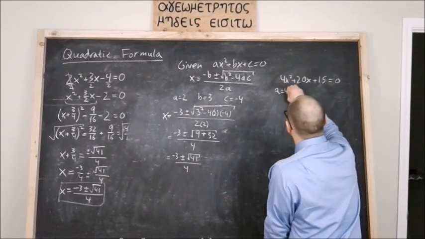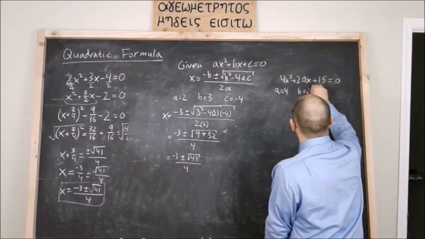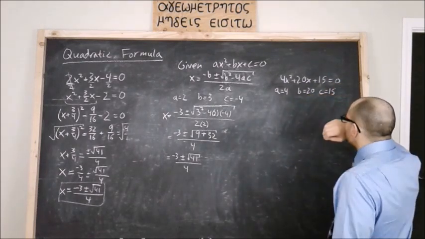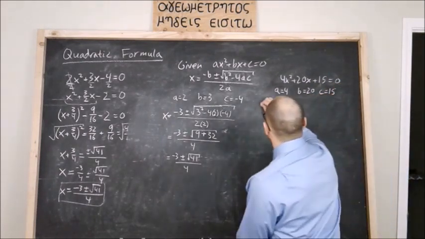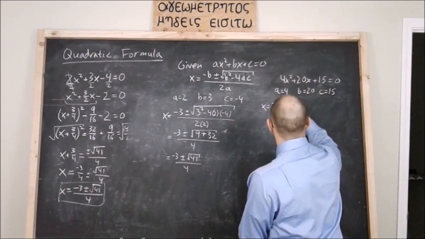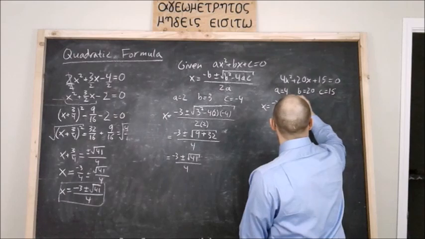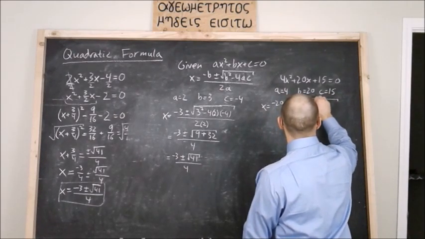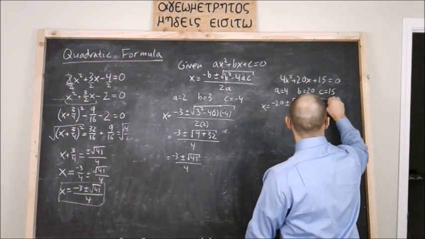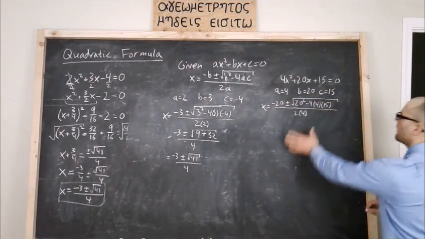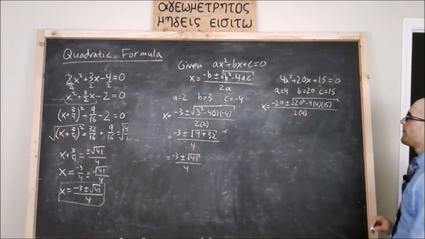A is equal to 4, B equal to 20, C equal to 15. Now I just plug it into here. X equals negative B, that's negative 20, plus or minus the square root of 20 squared minus 4AC. So I'm just plugging in the numbers. You can follow along. Check that I got these right.